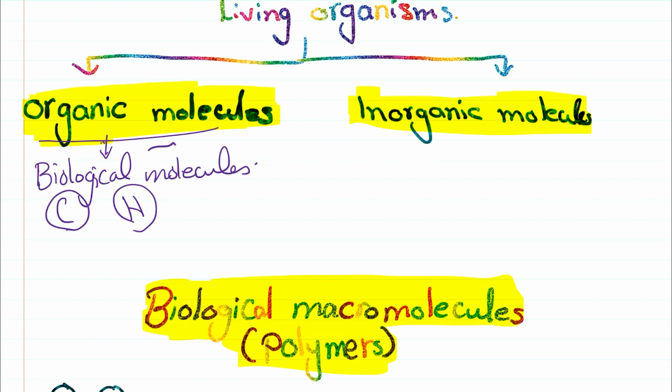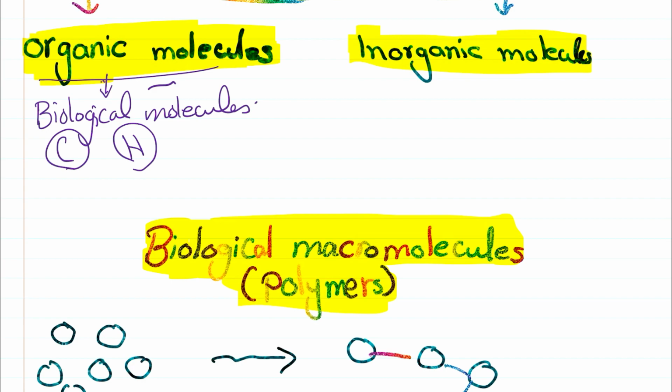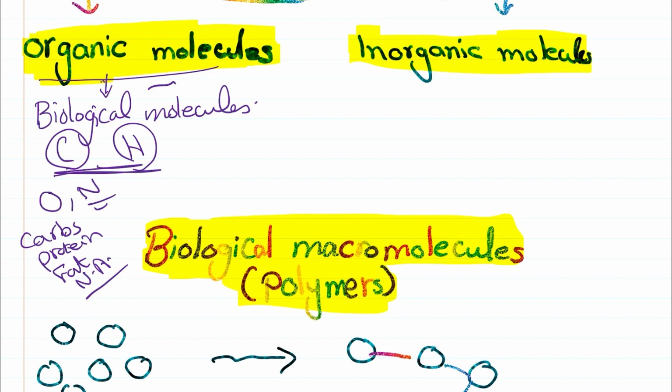These are the basic atoms found in each organic molecule, but sometimes we have oxygen, sometimes nitrogen. What are the examples? Carbohydrates, proteins, fat, nucleic acid. These are examples of organic molecules.